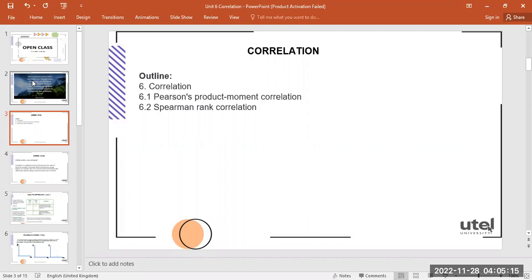We shall also try briefly to see how we can use Microsoft Excel to calculate the statistical measure, and also see how we can use the software to plot what we call the scatter diagram that shows us the relationship between two variables and how they are correlated with each other. So without much ado, let's go straight to our lesson.